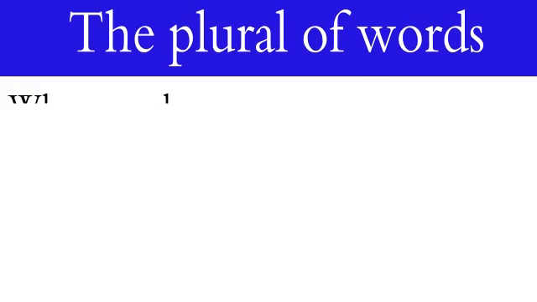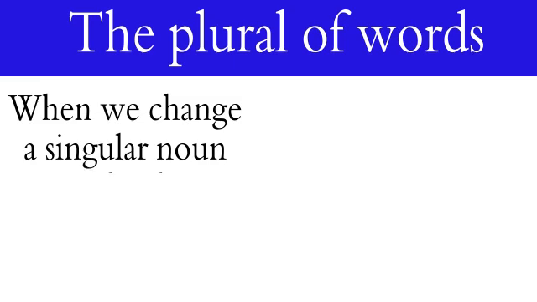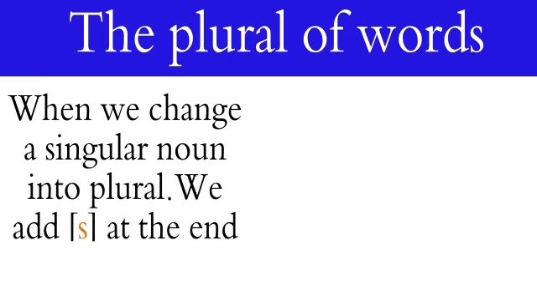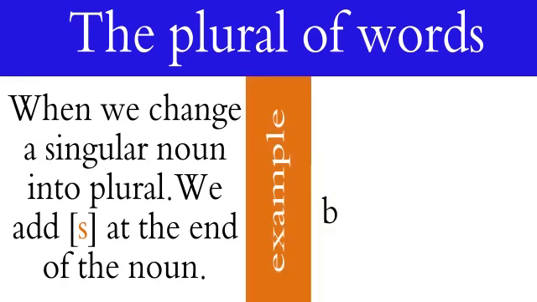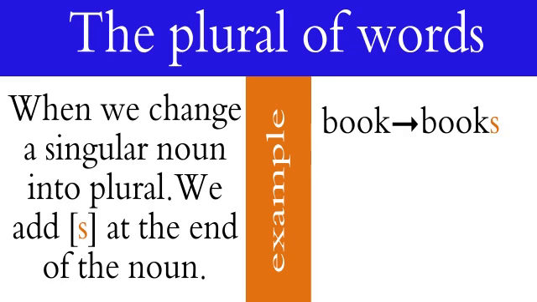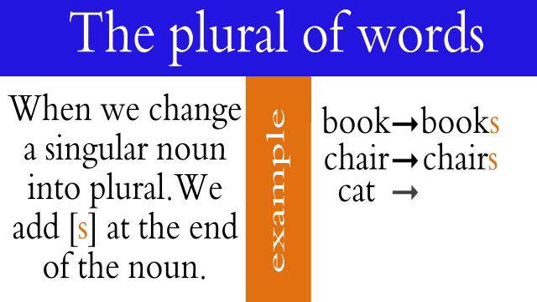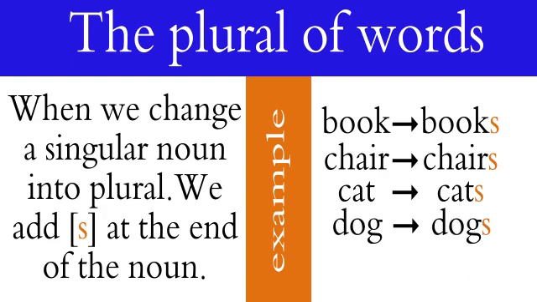The plural of words. When we change a singular noun into plural, we add s at the end of the noun. Example: book, books; chair, chairs; cat, cats; dog, dogs.